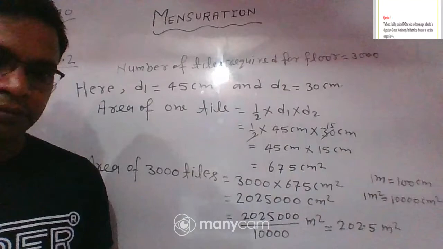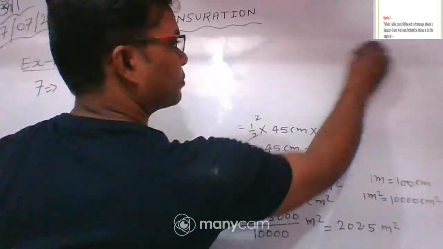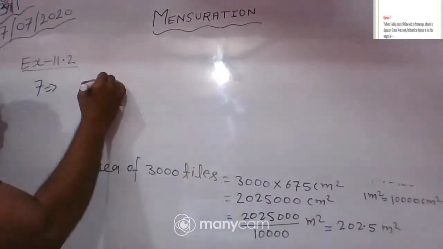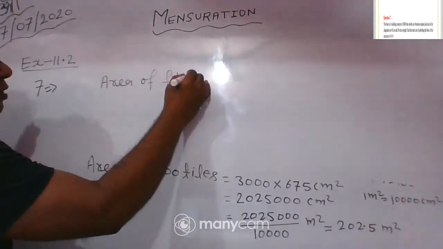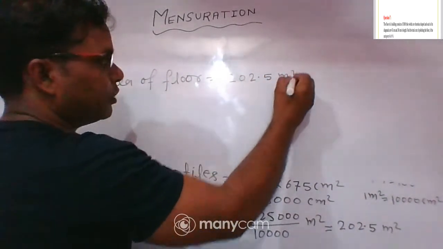Area of the floor is equal to 202.5 meter square.